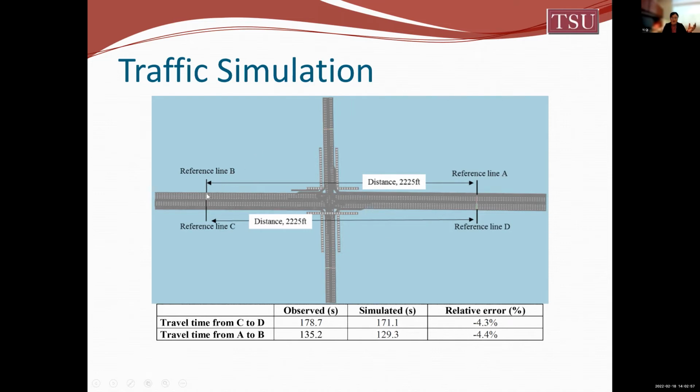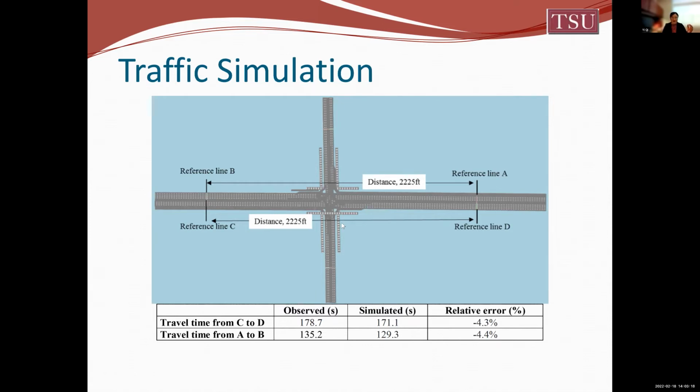We did the model calibration. We collected the travel time data in the field, and then we compare the travel time data with the simulated travel time data, and make sure the two matched. That means our simulation can reflect what happened in the real world.